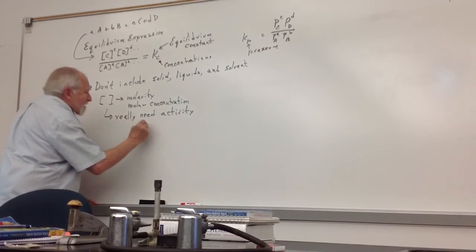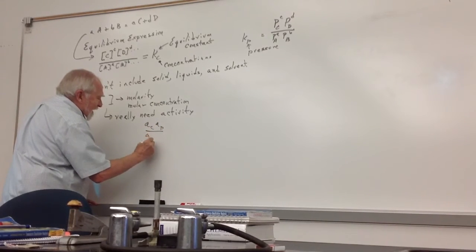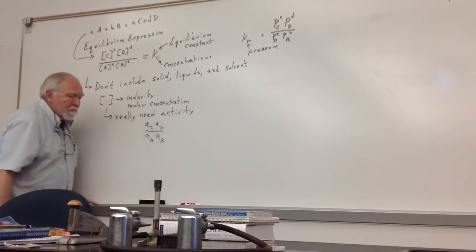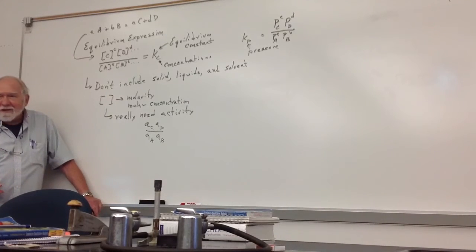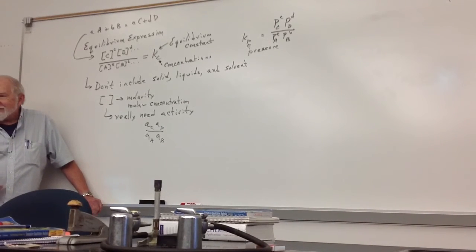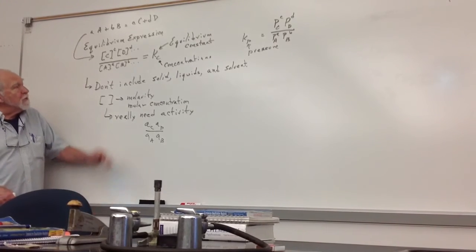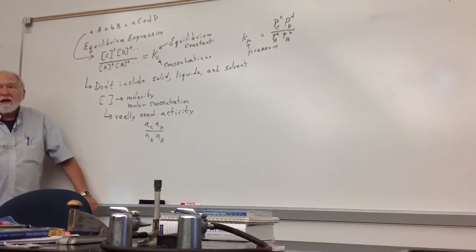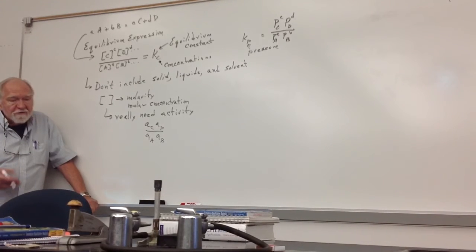So we talk about the activity of C, the activity of D, activity of A, activity of B. Unfortunately, you have to go through another year of chemistry before you learn how to calculate activities. So you use molar concentrations to calculate activities. But the conclusions we come up with will be pretty close, almost the same. That's why your book sort of rounds things off to 1 or 2 figures, and I like to see 3 or 4 so I know where to look for mistakes. So that's a different reason.